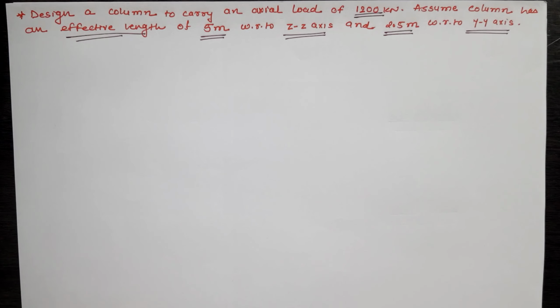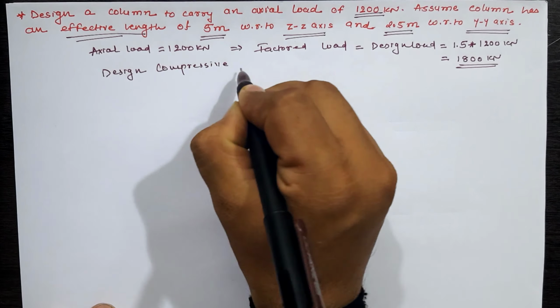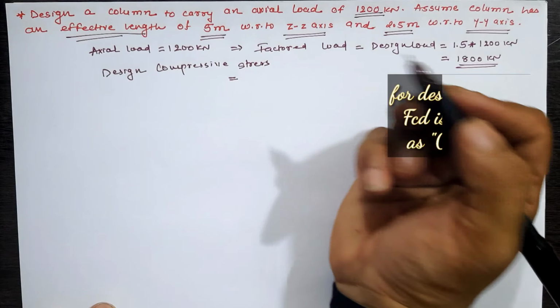Now for the design of the section we need the design compressive stress, and for the design criteria, the design compressive stress fcd is generally assumed as 60% of the yield stress. It means 0.6 into fy.